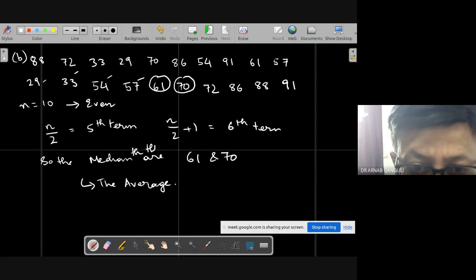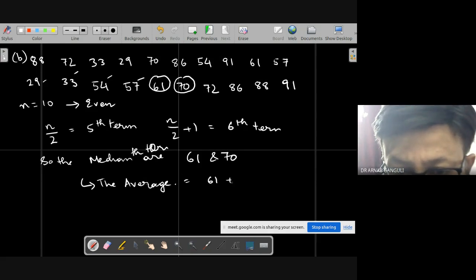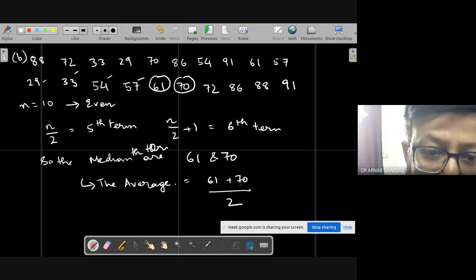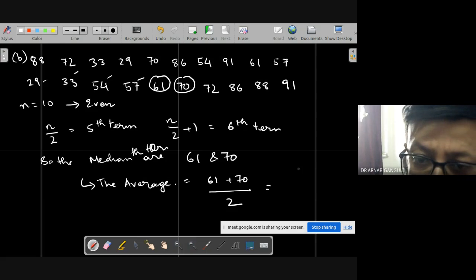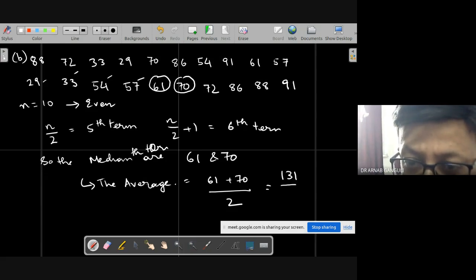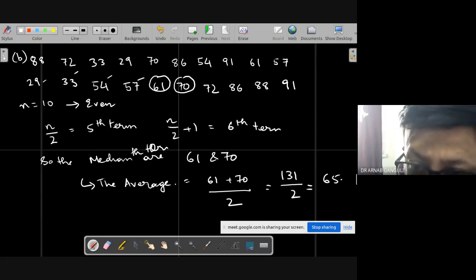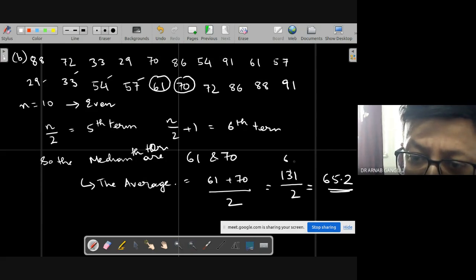Add the two median terms and divide by 2. That is 131 by 2, which is 65.5. Clear?